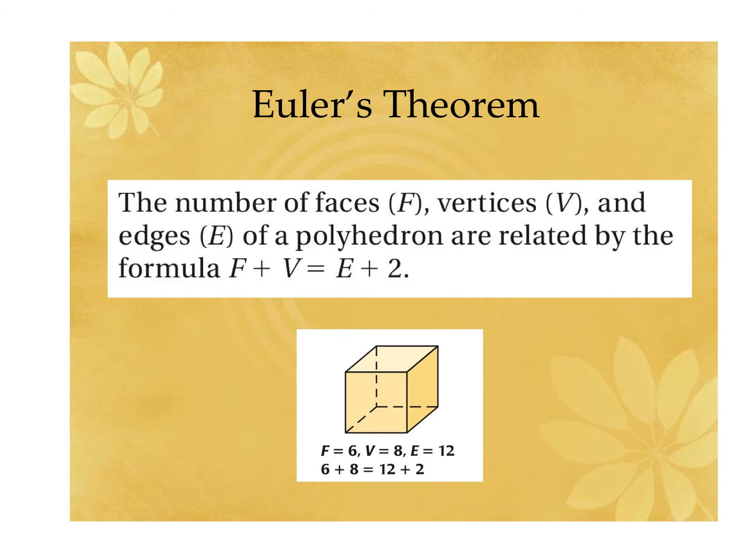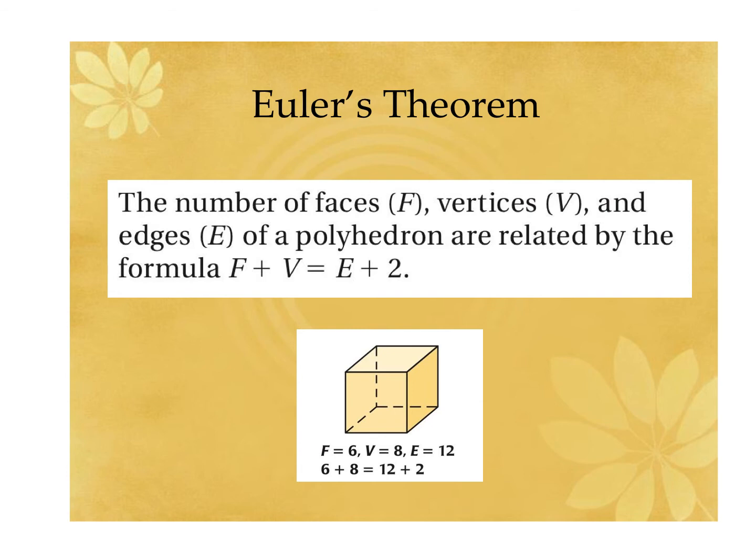I just wanted to show you that this is a way that you can double check your counts to see if you've gotten them correct. Euler's theorem just states that the number of faces plus the number of vertices should equal your edges plus 2. So if you want to double check that you counted the faces, vertices and edges correctly, faces plus vertices should equal edges plus 2.